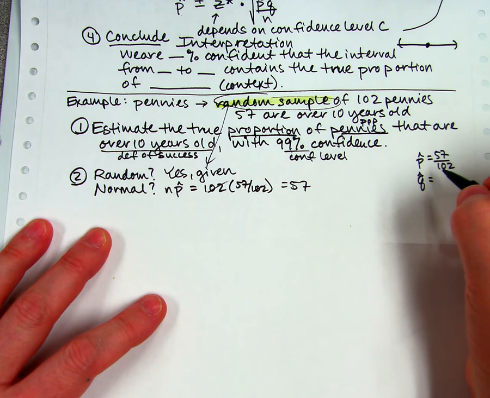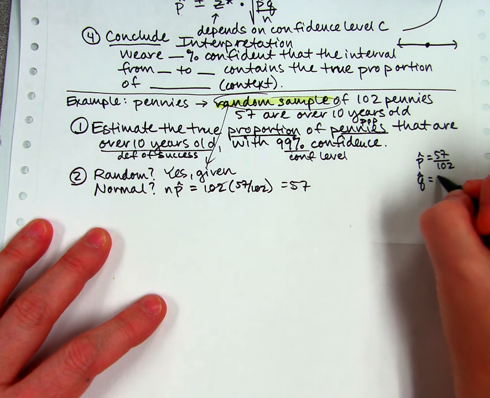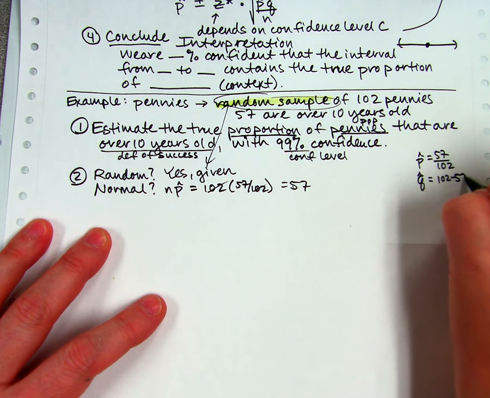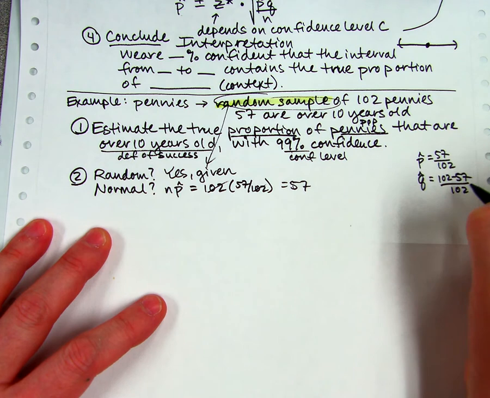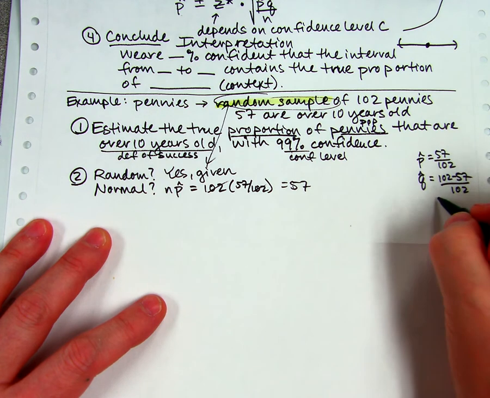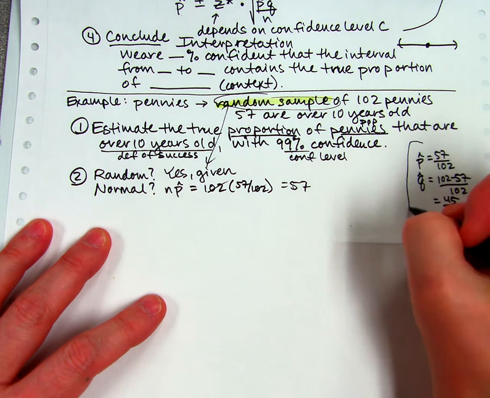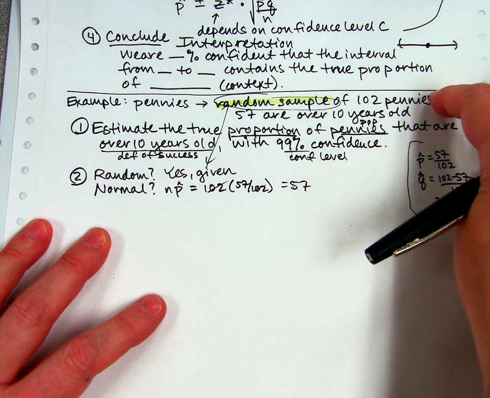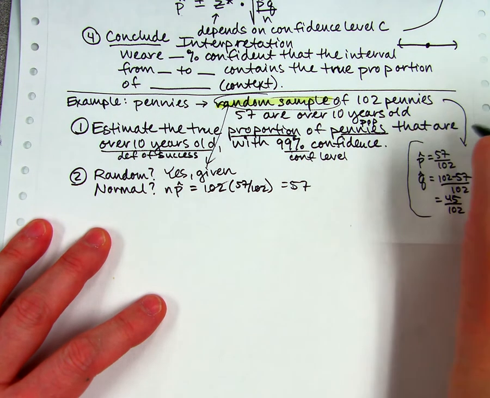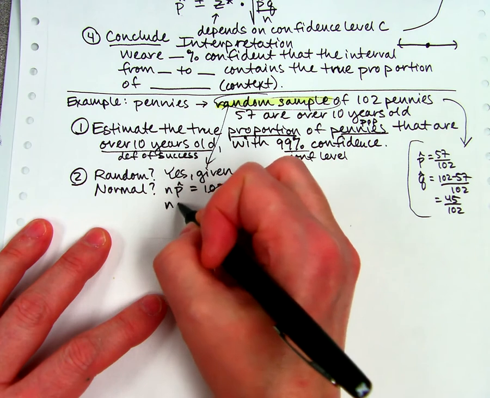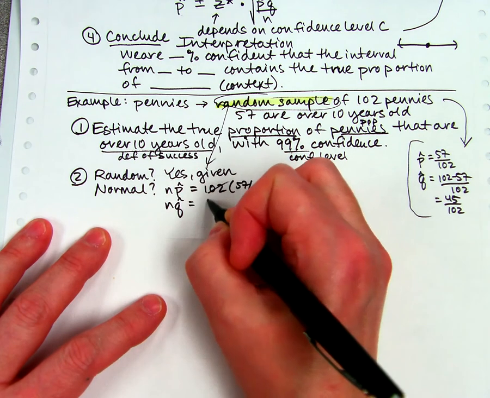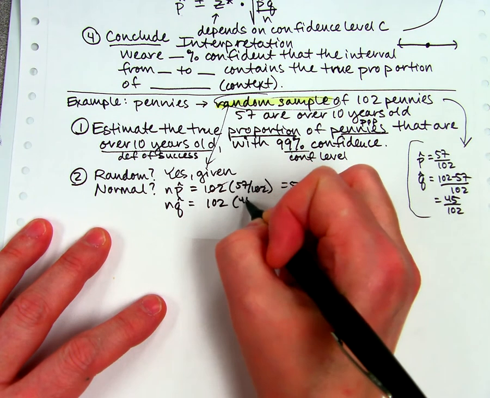What's q hat? Well, 102 minus 57, whatever that is, over 102, right? It's 45, by the way. So it's 45 over 102. So I'm doing a little bit of calculations off to the side to say, okay, had enough information, but it might be nice to know the fractions. So I could say nq hat is 102 times the 45 over 102.